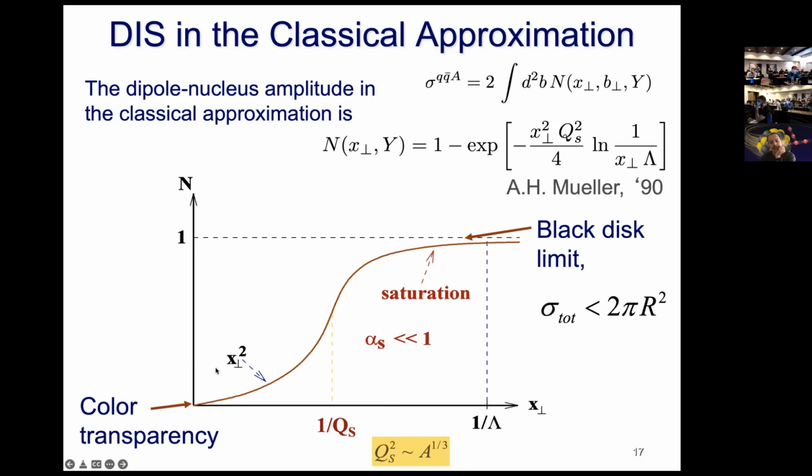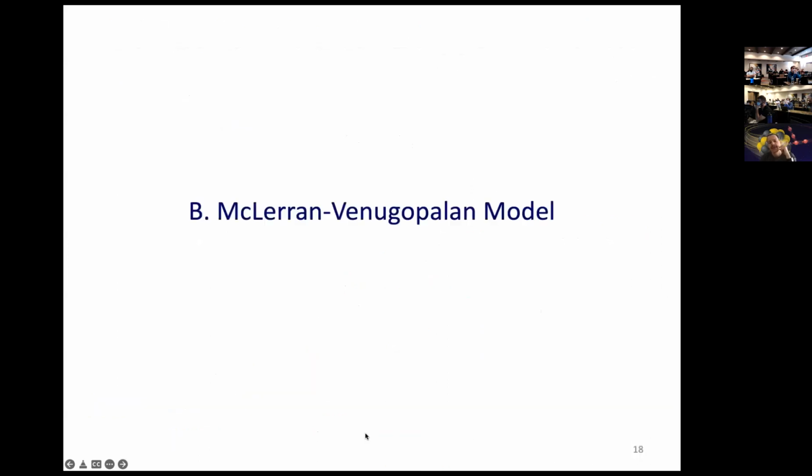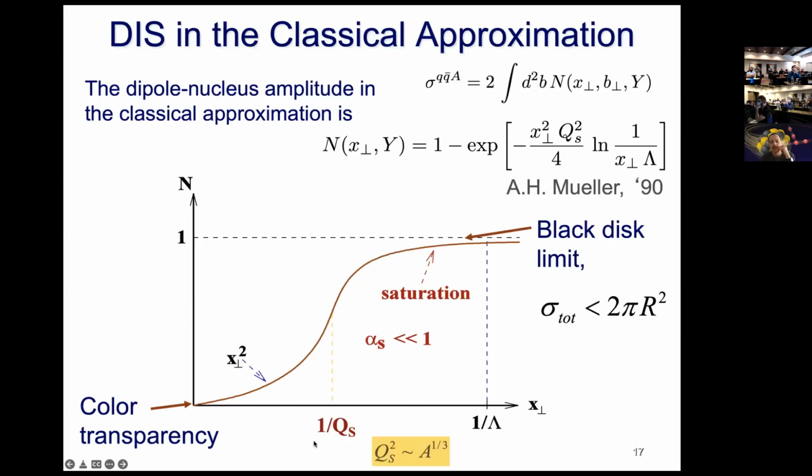And you see the transition between this growth regime and the regime of approaching the black disk limit. The transition between those two regimes happens around 1 over Qs, for dipole sizes of the order of 1 over Qs. And if Qs is large enough, these distances 1 over Qs can be perturbatively short, right?